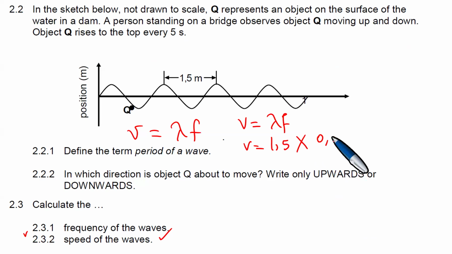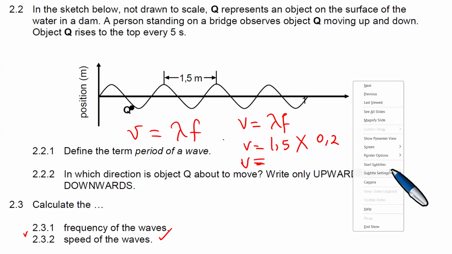So we put here 0,2. Therefore the actual speed of the waves is going to be 1,5 times 0,2. We can use our calculator to do that one.